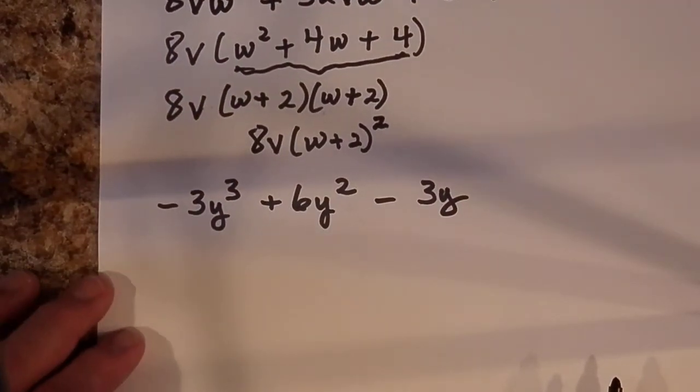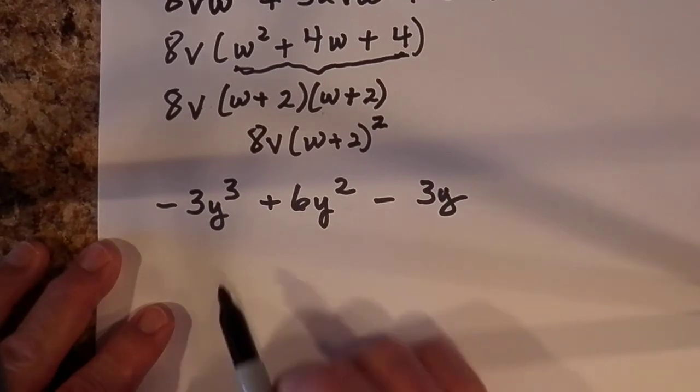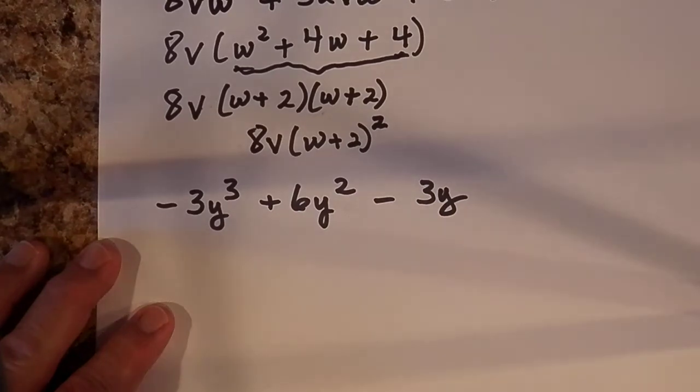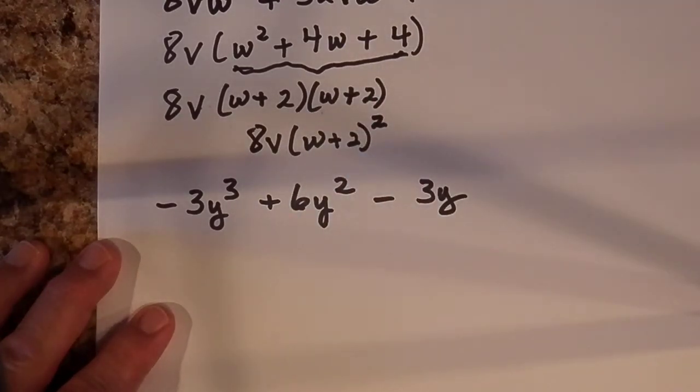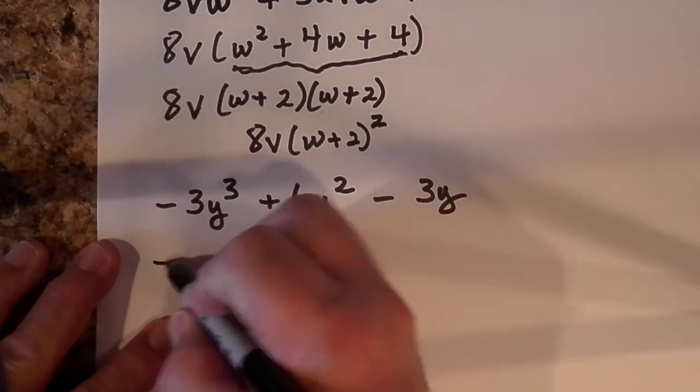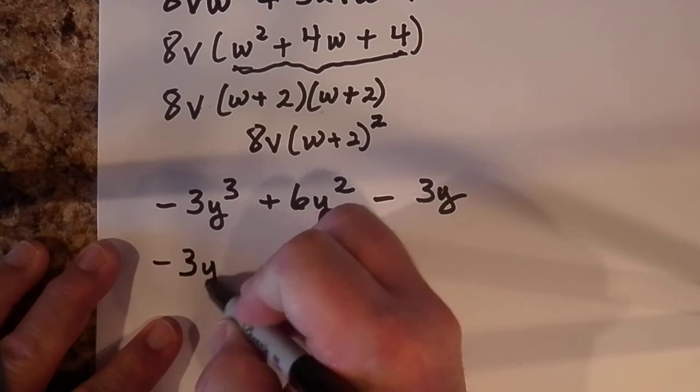Our next example: minus 3y cubed plus 6y squared minus 3y. By now, after the first several examples, we can see that these have a common factor of negative 3y.